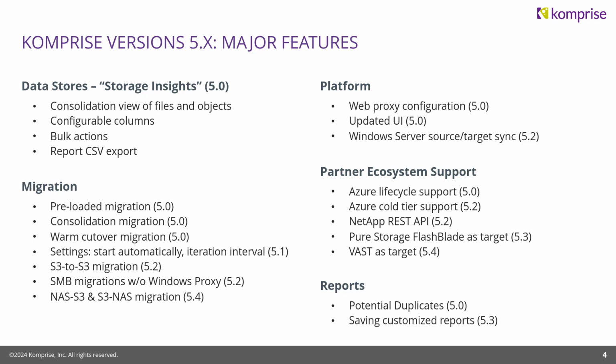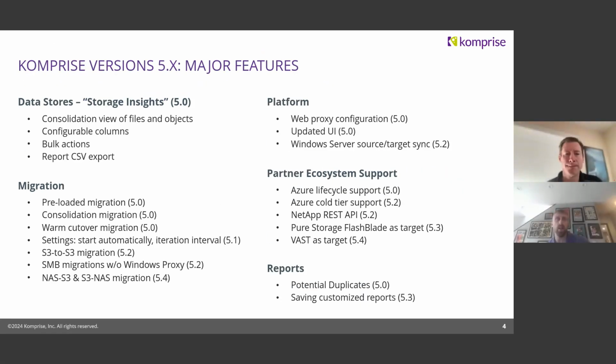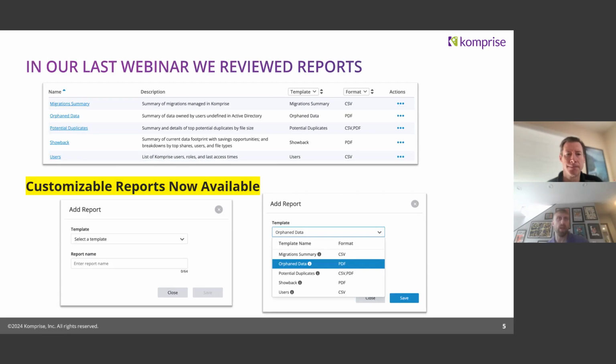And for reports, potential duplicates came out in 5.0, and we also have saving customized reports, which is an enhancement to the entire reporting interface that came in 5.3, and we had a webinar about that, but I'm happy to show you that again. So you can see here, customized reports now available.